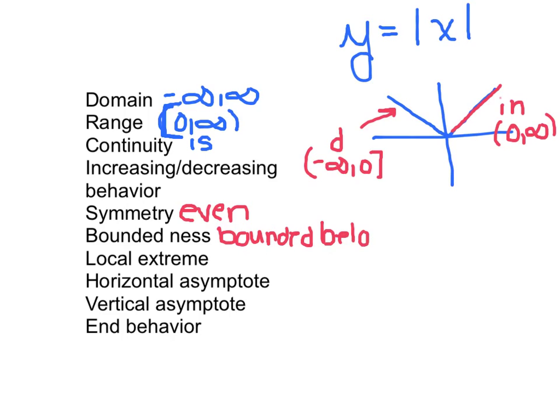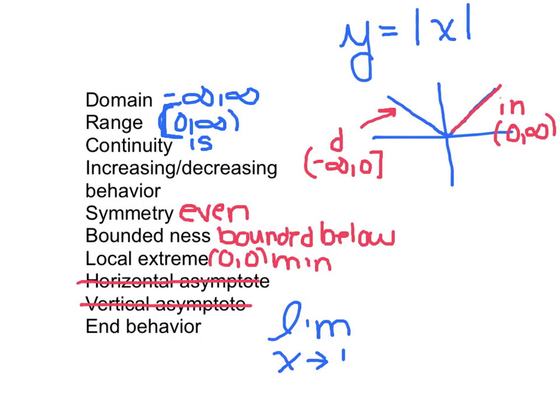It has a minimum at 0, 0. It has no horizontal asymptote, no vertical asymptote, and the limit as x goes to the right or the left, so positive or negative infinity, of the function is infinity. This means on both sides it goes up.